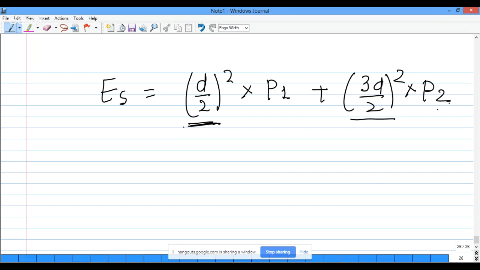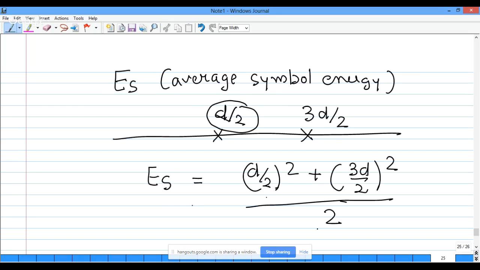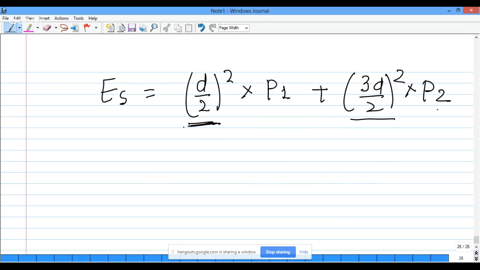So this is actually how we calculate the expectation of a random variable, isn't it? So instead of dividing by the total number of signals or symbols, you have to multiply the signal energy of a signal with the probability of that signal to happen, right? And you can see if the signals are equiprobable, then P1 and P2 are simply half, because there are two signals and they are equiprobable, and hence we get to our same old formula.